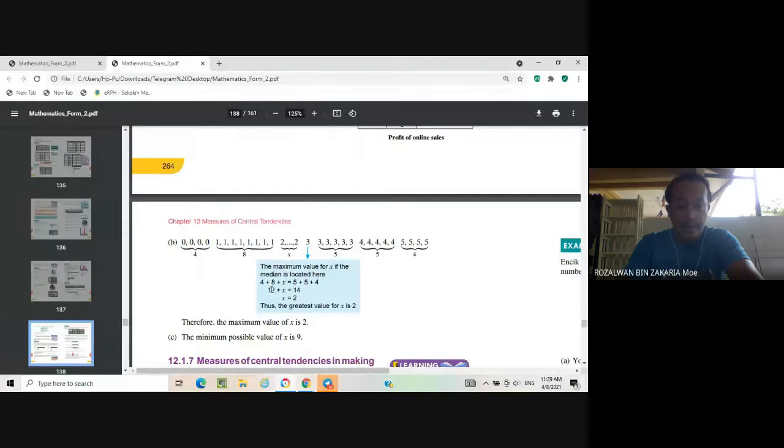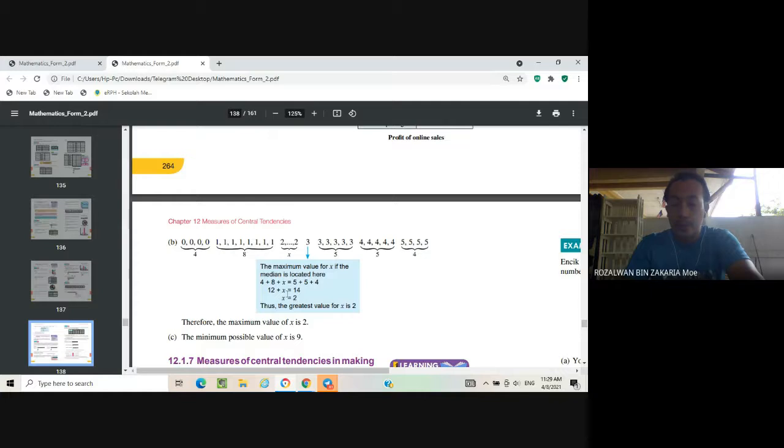So 4 plus 8, then plus x, equal to 5 plus 5 plus 4. So this one you will get 12 plus x equal to 14. So x equals 14 minus 12, which is equal to 2.